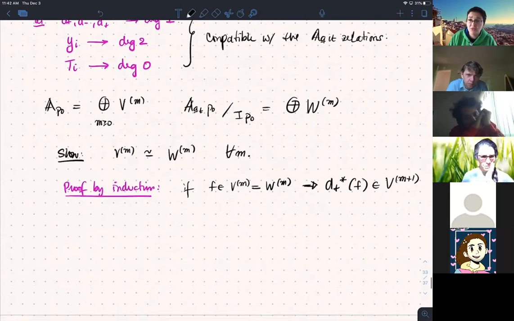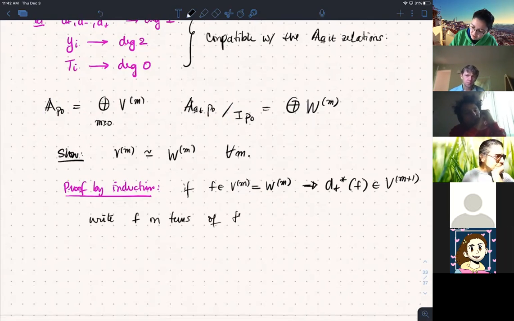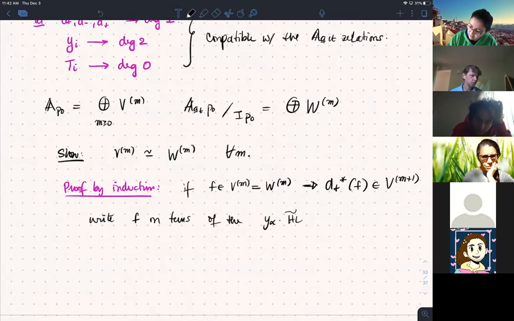And then really, the proof itself is not very exciting. At that point, you basically just write F in terms of the, so I'm going to call it the Y alpha dot Hall Littlewood basis. And what I mean by this is that expression of Yi's times D pluses times D minuses, et cetera, that mapped to this basis under the isomorphism, right?